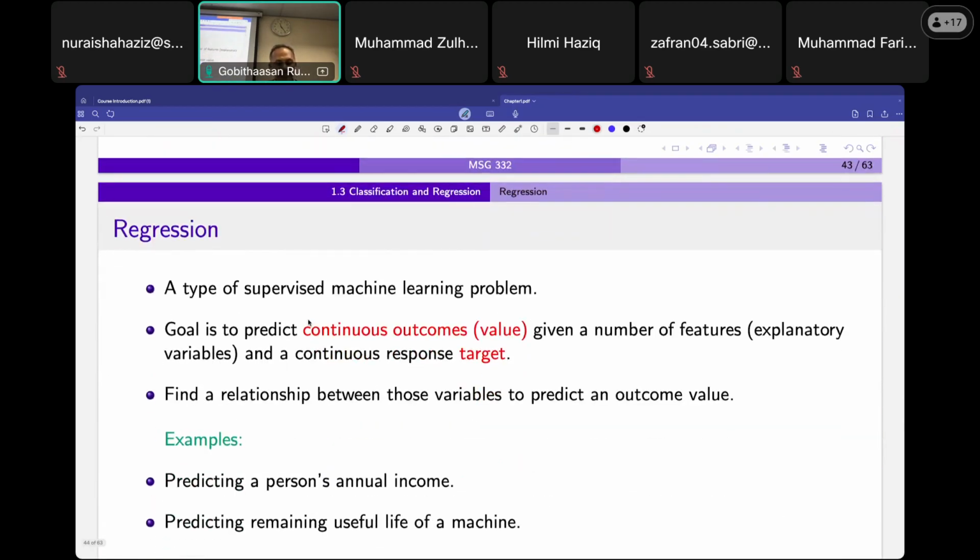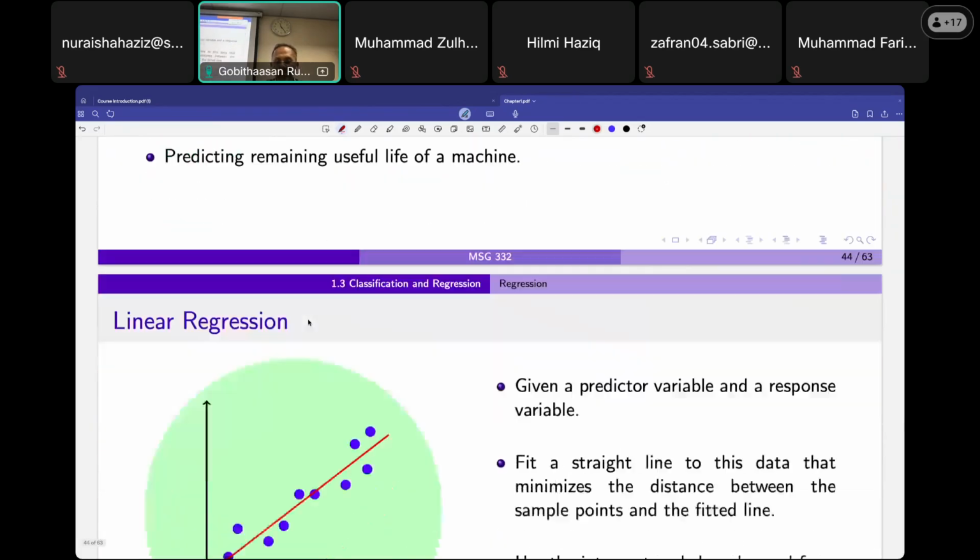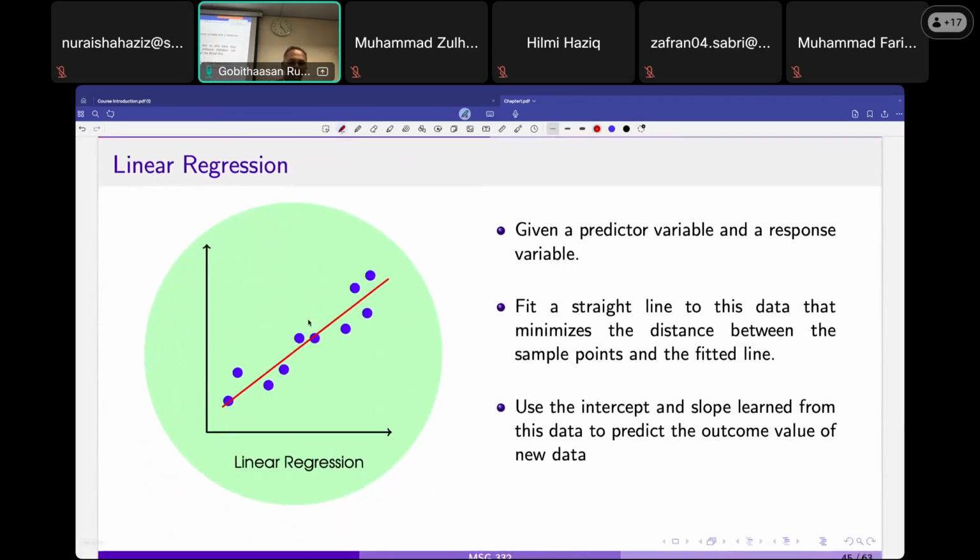Whereas regression, you see this now. Here X is your feature, and Y is your target. You give labels, of course, and it's going to give you the target.